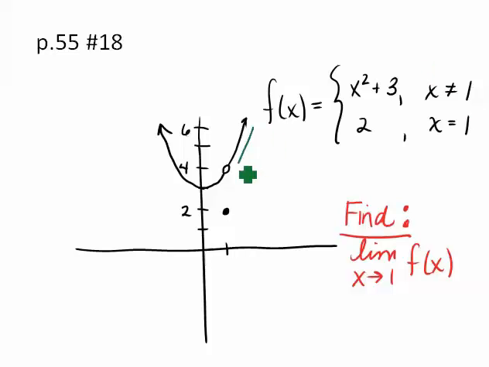So if you look from the right and from the left, your expected height is 4. A lot of you are thinking, well, the answer is 2. Right there's the dot. But this dot right here tells you what f of 1 is. F of 1 is equal to 2, but that doesn't mean that the limit equals 2. Its expected height from the right and from the left is 4.